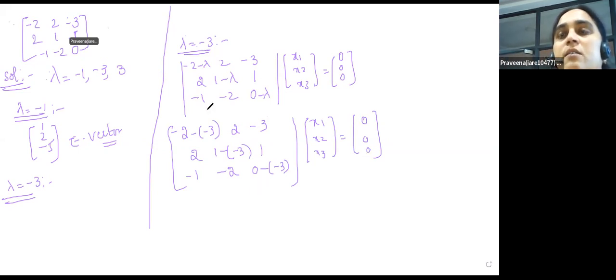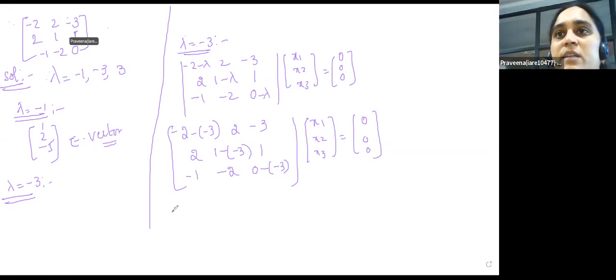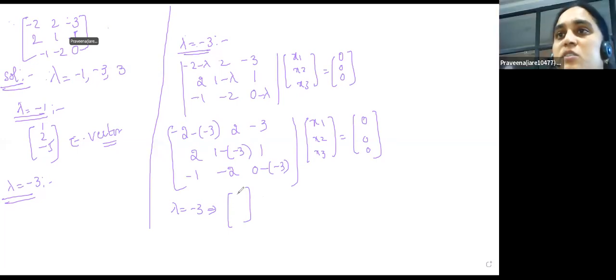Anyone got it? Zeros, ma'am. Okay, tell me the eigenvector for lambda is equal to -3. I got all zeros. You got all zeros. Malav, you got the same answer for the second eigenvector.